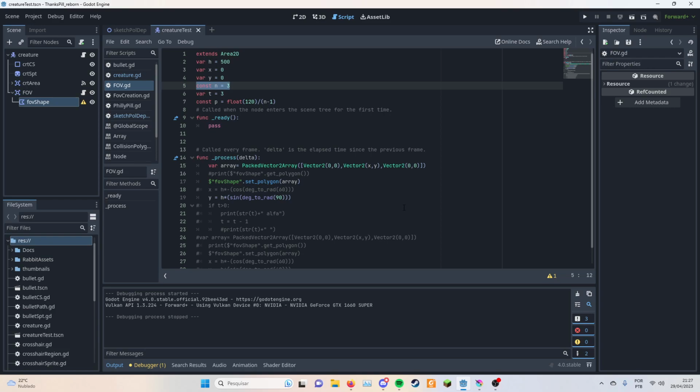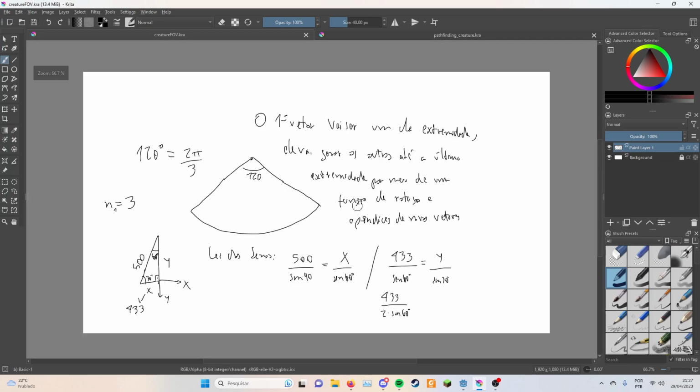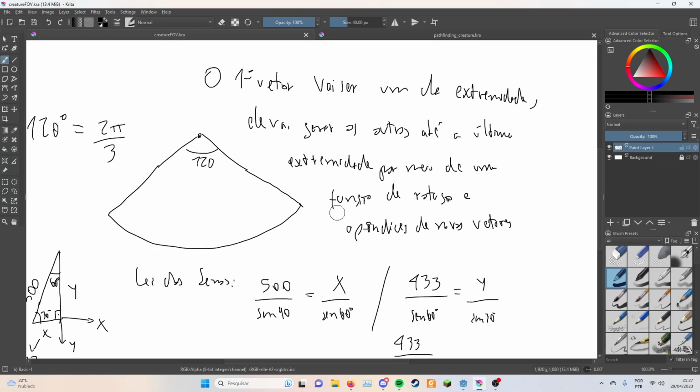However, it stuck with my head for too long, and I was very slow to solve it. I'm sorry. Here is a very rough sketch in Portuguese on top of it, and I try to find the angle or the x and y coordinates of these lines here, based on the total length of the vector, which will be the view distance, in this case 500 pixels.